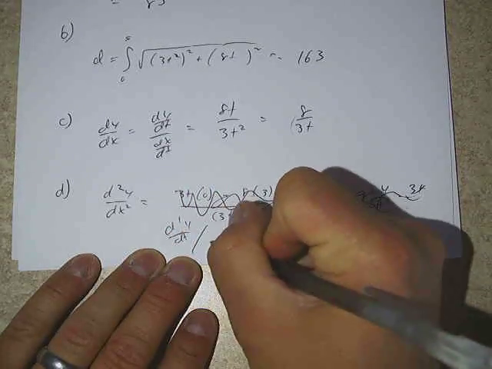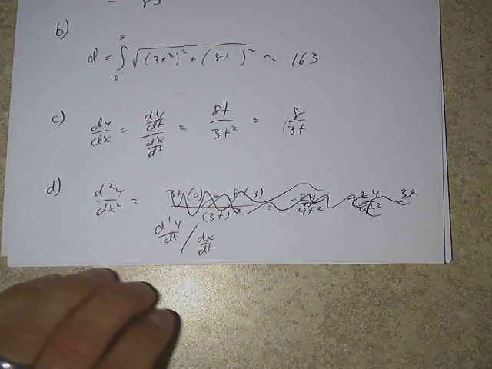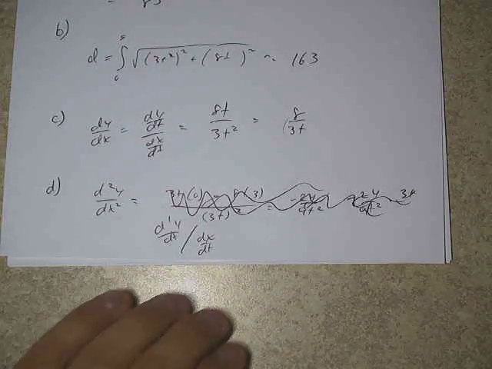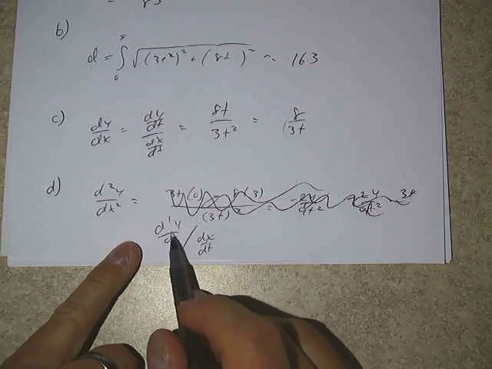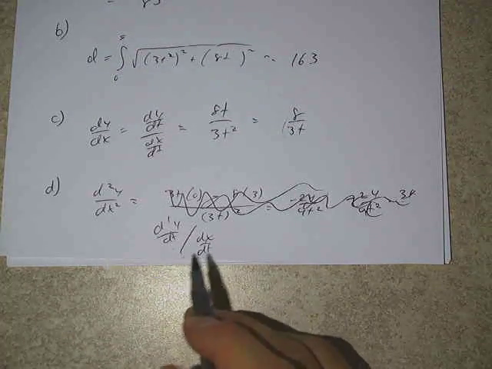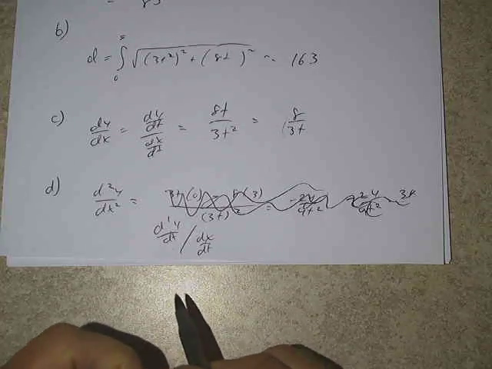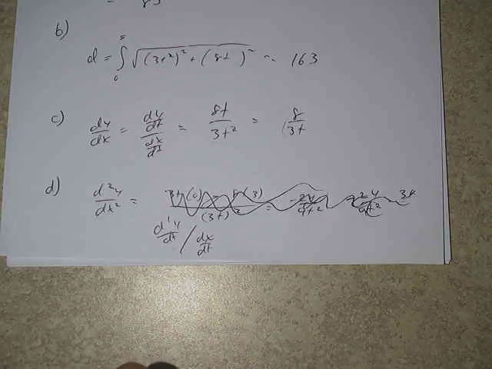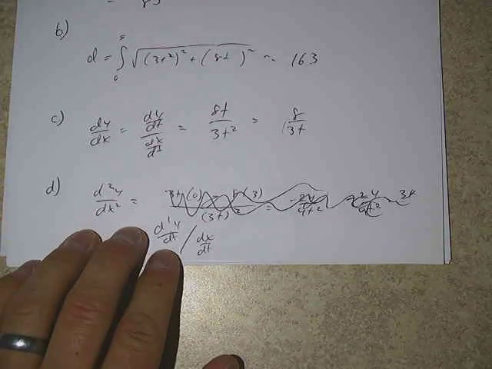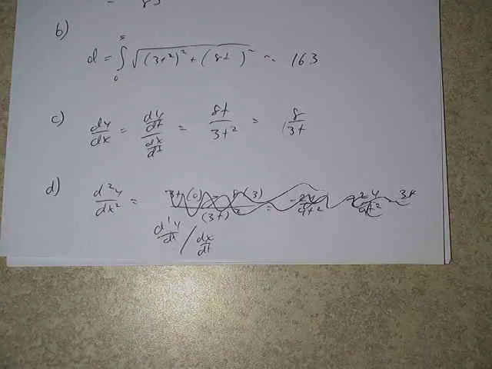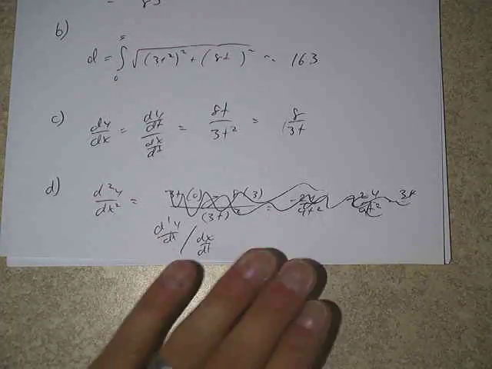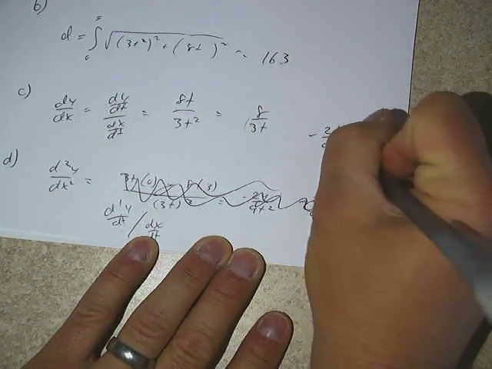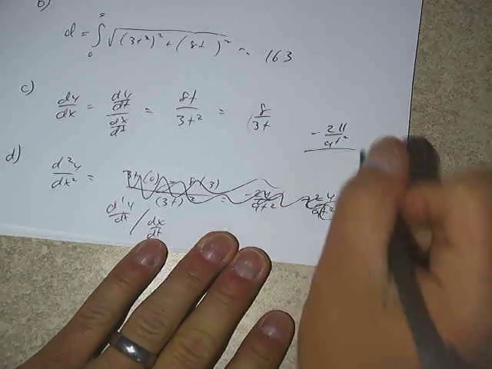So the derivative of dy/dt, ultimately, start over again. It's dy prime/dt divided by dx/dt. So bottom line here is that dy/dt is the derivative of what we found the first time, the derivative of dy/dx.